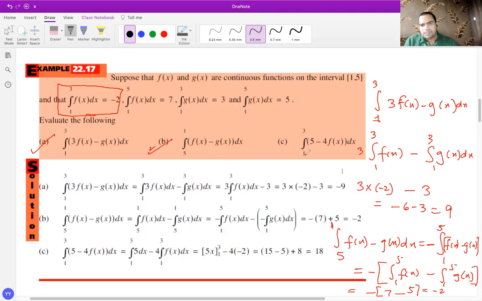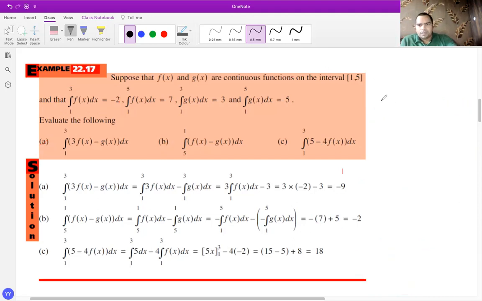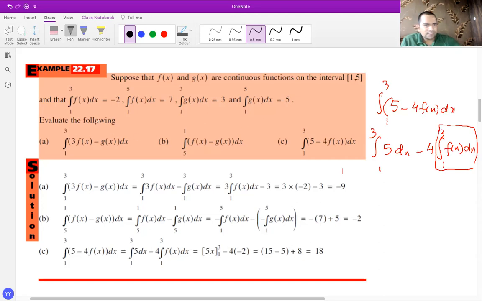Now the next one is to find the integral from 1 to 3 of 5 minus 4f of x. In such cases, we take the integral of 5 minus 4 f of x from 1 to 3. You can see that this 5 is on its own. So first you integrate 5 separately from 1 to 3, and for minus 4 you separate the integral from 1 to 3 of f of x dx. You already know this value is negative 2. So it'll be negative 4 times negative 2 here.